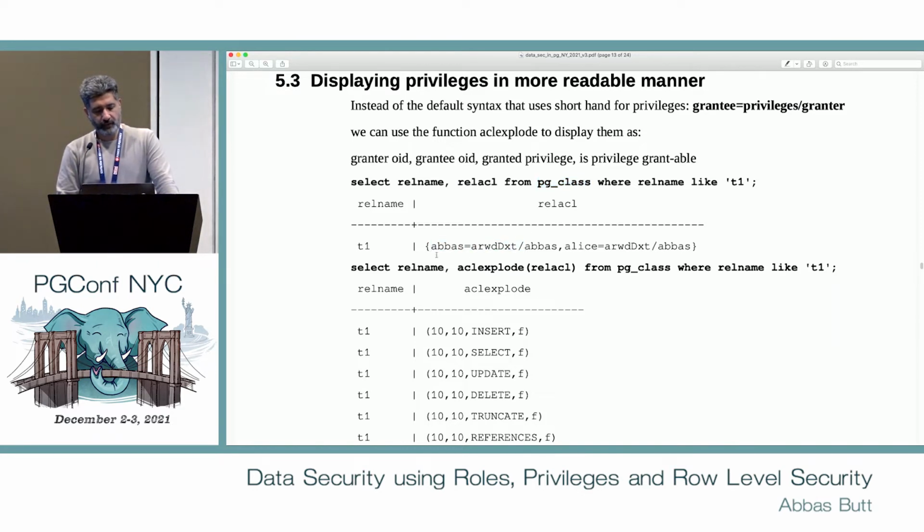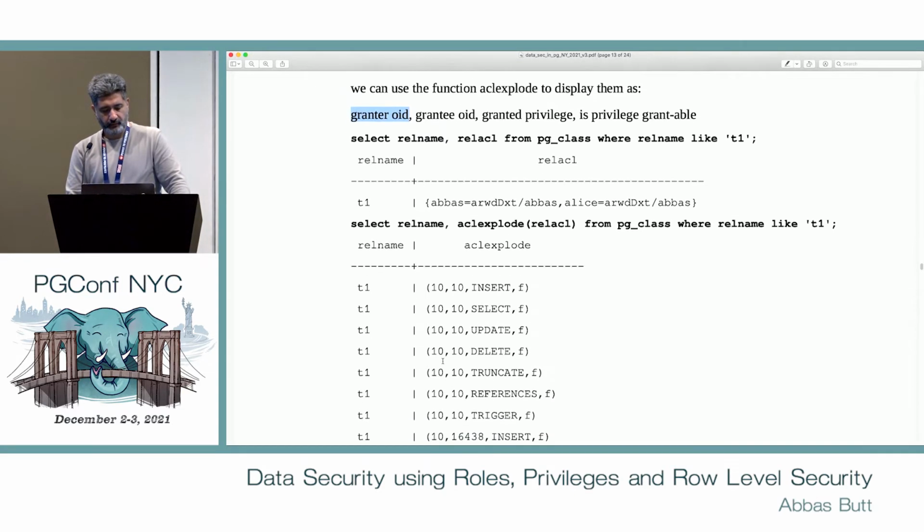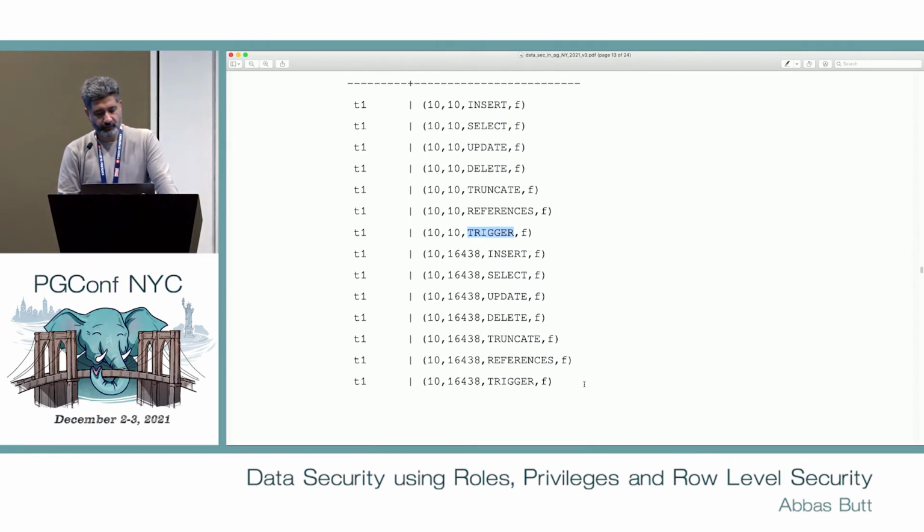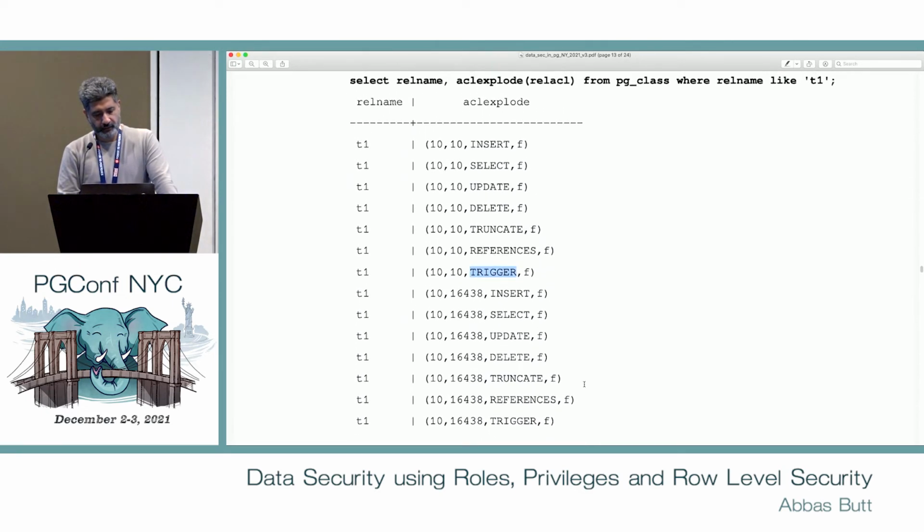And if you pass this shorthand information to the aclexplode function, then it is going to display in a better format the grantor OID, which is 10 here, the grantee OID 16438, and then the granted privilege by name and whether it is grantable or not. So this is a better way of displaying the ACL list using the aclexplode function.